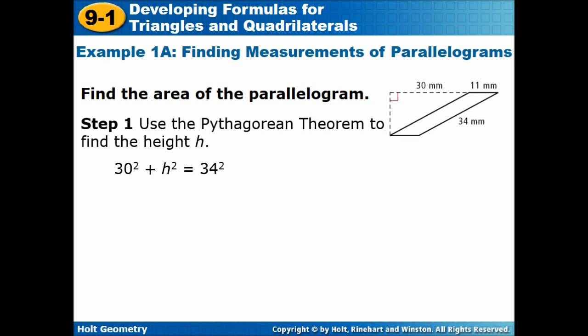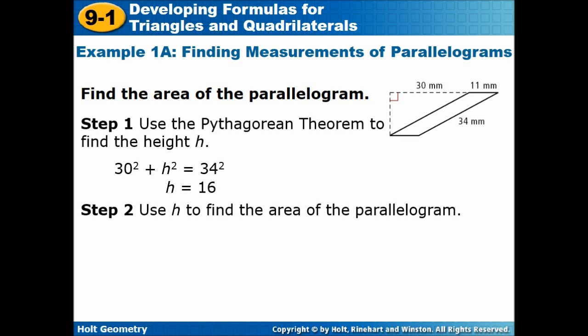And so you're going to subtract the 900 from the 1,156, and you're going to get H squared equals 256. And then when you take the square root of that, of course, you're going to find that H equals 16. Now you notice I talked you through those things. You should know your algebra pretty well by now to be able to do the steps that lie in between these first two equations here that are on the slide.